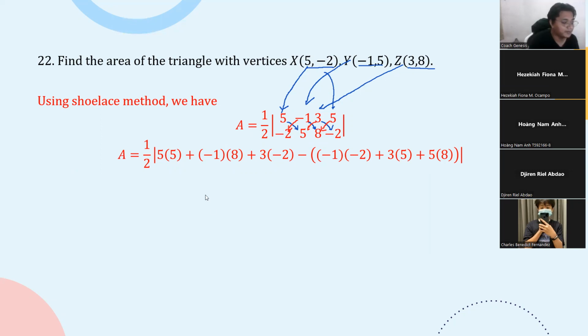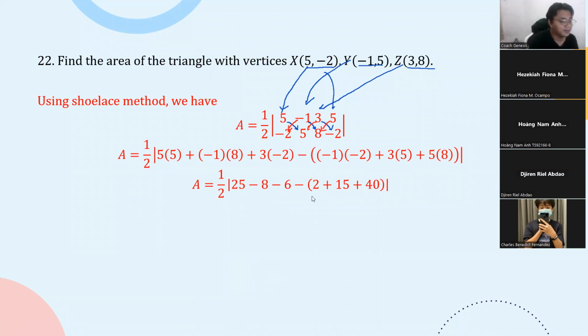Okay, simplifying, we get 1/2 times the absolute value of 5 times 5, 25. -1 times 8, -8. 3 times -2, -6. -1 times -2 is 2. 3 times 5 is 15. 5 times 8 is 40. Okay, so 25 minus 8 minus 6, that will be 11.